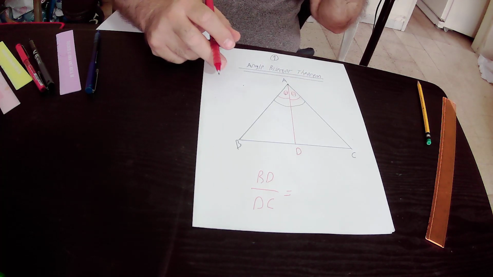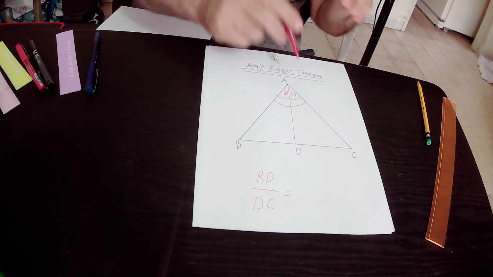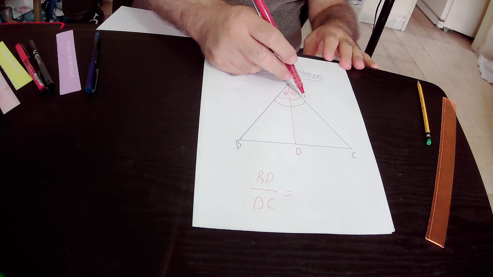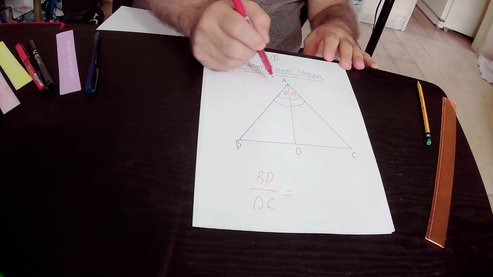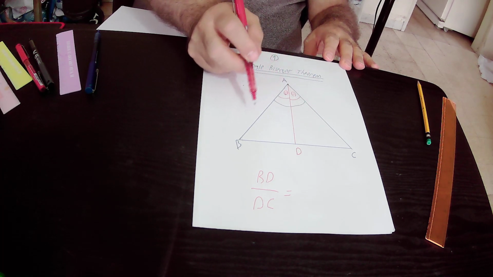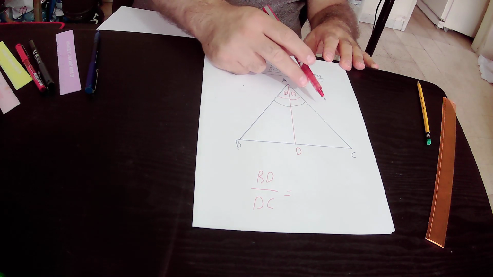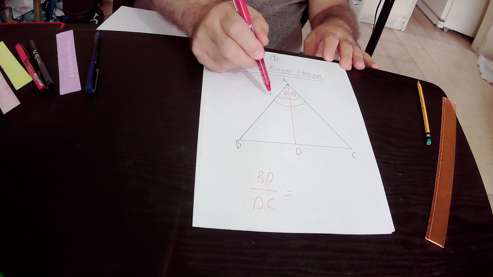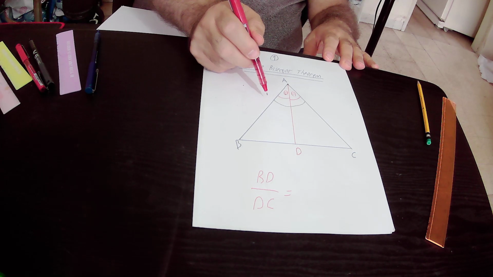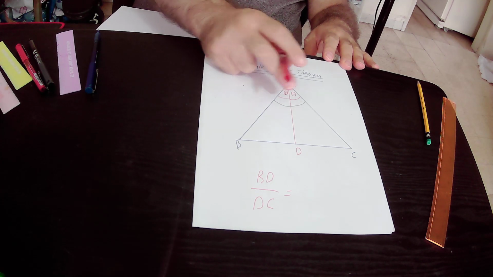The angle is angle BAC, the legs of angle BAC are AB and AC, and the ratio between those legs is AB over AC.